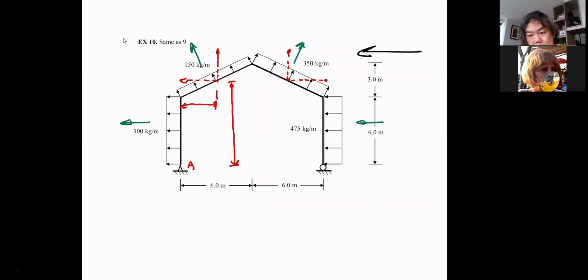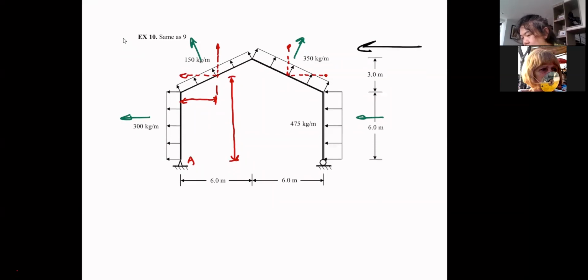Okay, so I'll try to squeeze this within our time limit. It's point A. So I think it's better to use a different color, maybe. So erase this, all right, and let's name that A, B, C, D, and E. Okay. So now I can take sigma MA equal to 0.